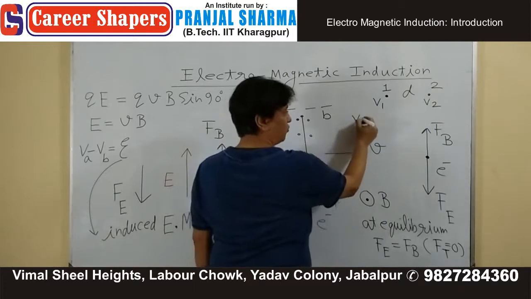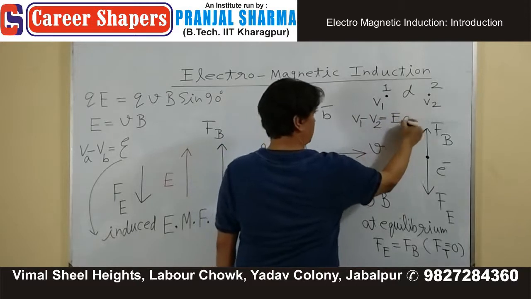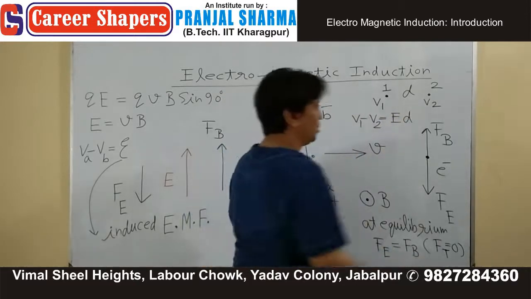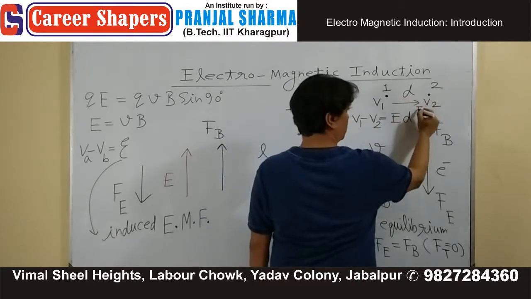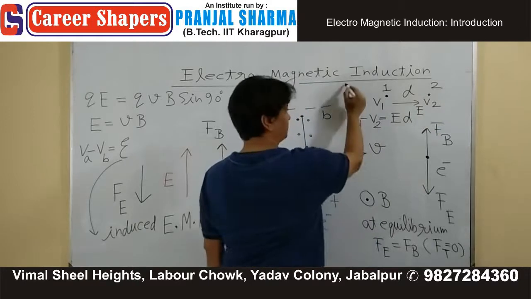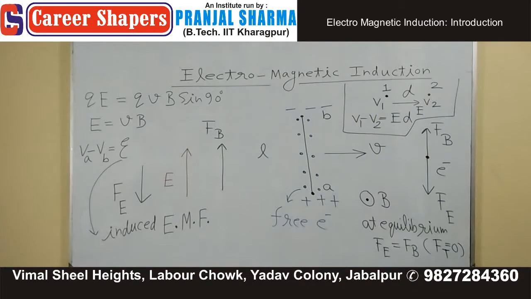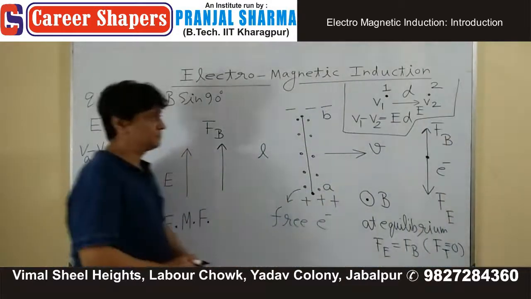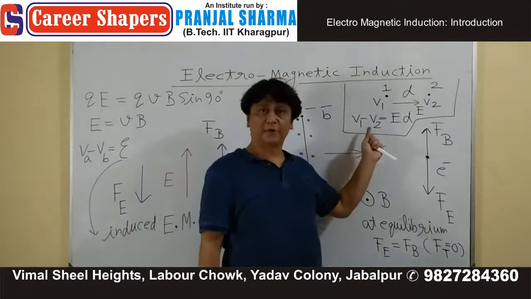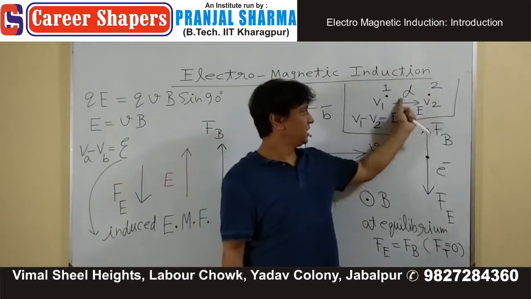Then V1 minus V2 was E multiplied by d, where E is the electric field. V1 minus V2 is E multiplied by d.